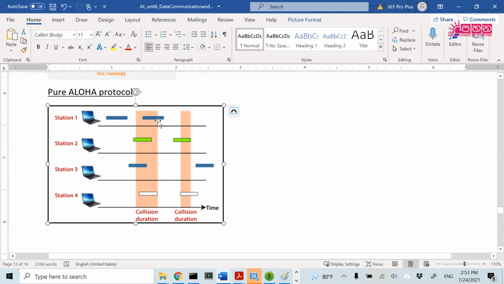If you look at this second data item, the data will get destroyed. So here it will not happen, because there are no other stations sending frames. But here also you will see there are collisions, because they will collide with each other, whereas this one has no collision.